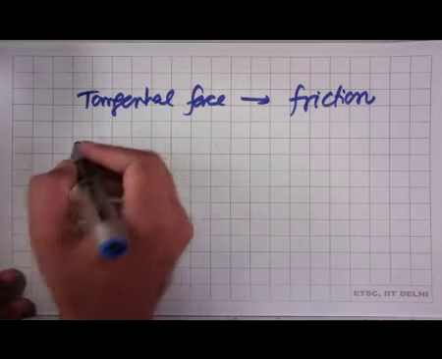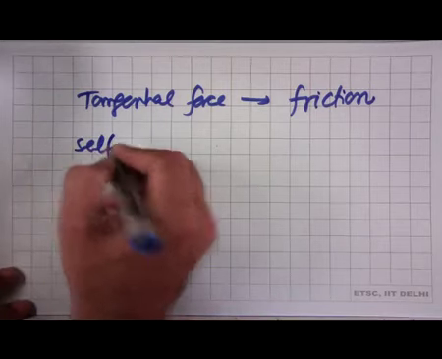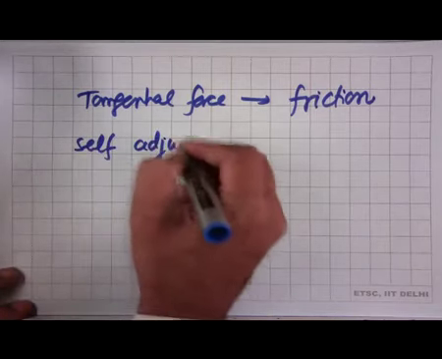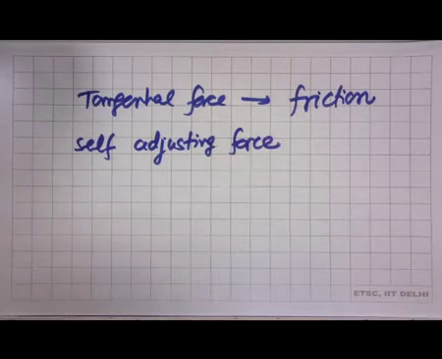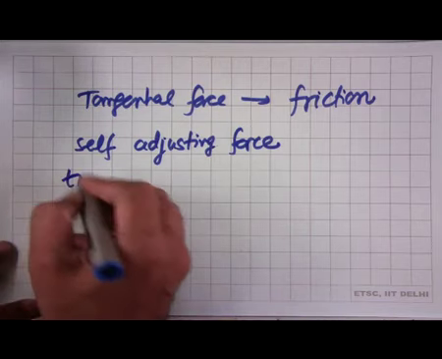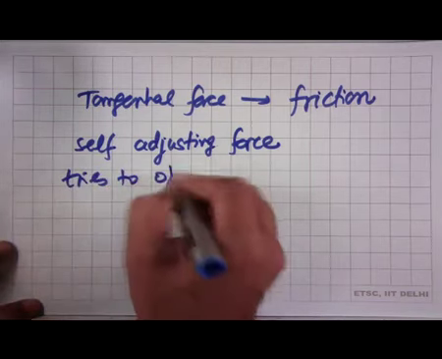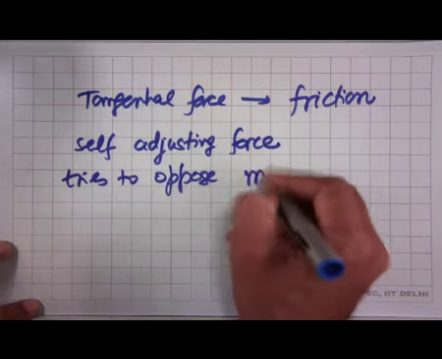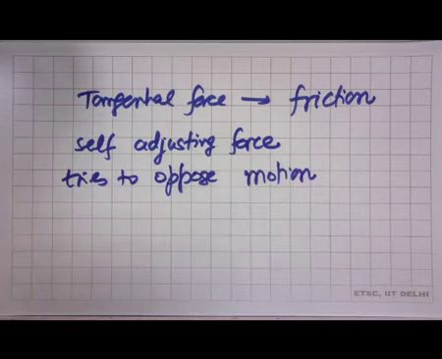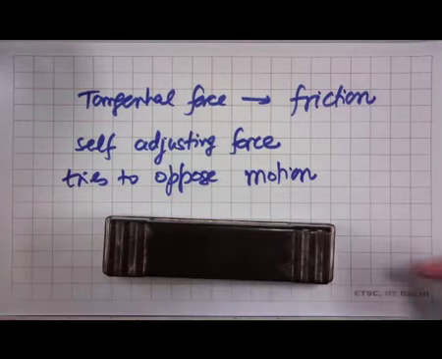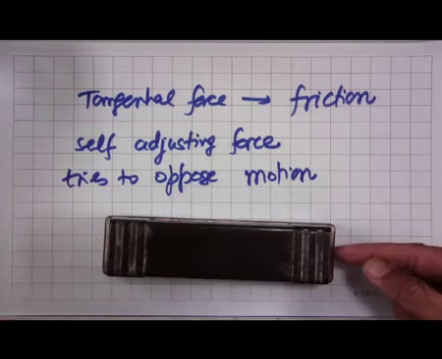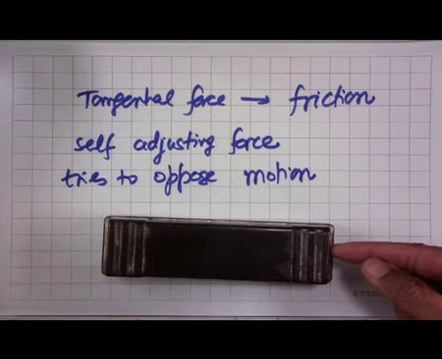So, what we see is that this frictional force is a self adjusting force, and it tries to oppose the motion. Now, let us get back to this. I apply a small force, and I slowly increase this force.